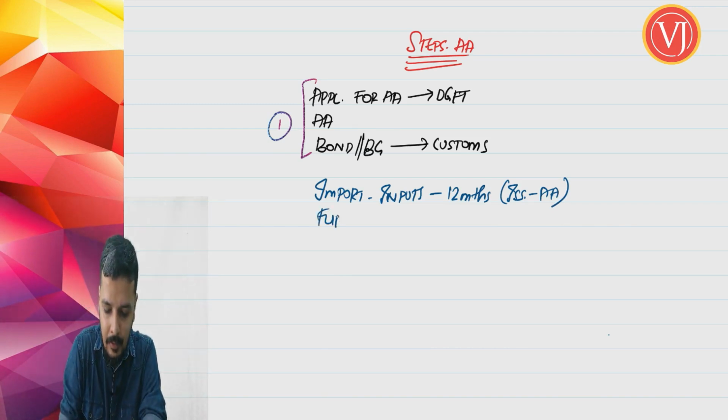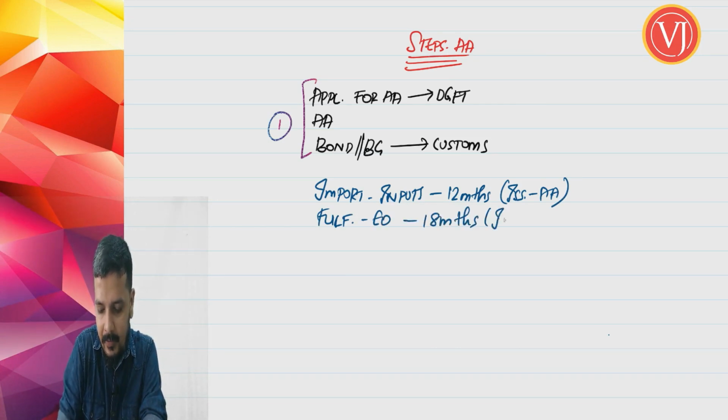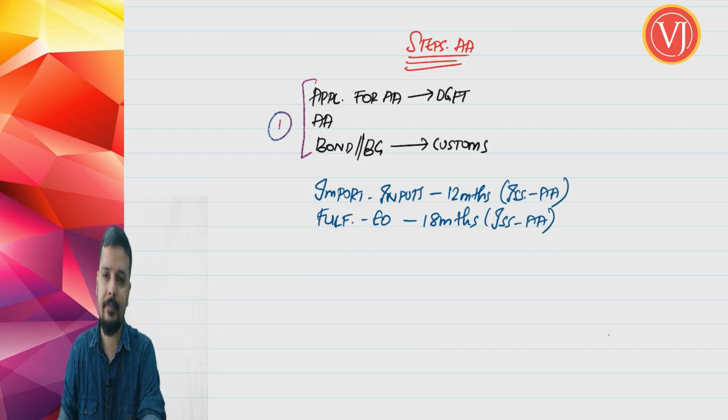You have to fulfill your export obligation within 18 months not from the date of imports, but from the date of issuance of advance authorization.